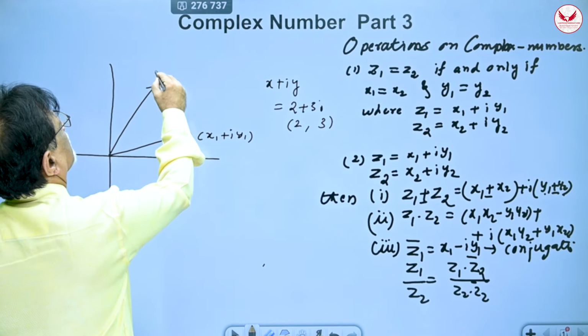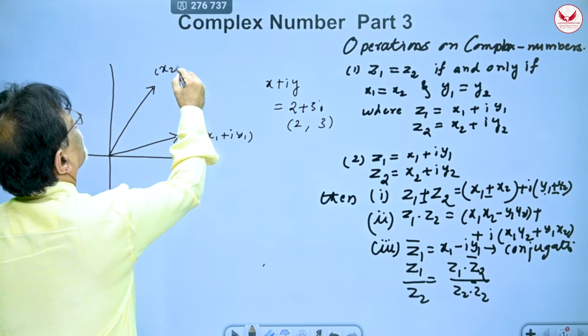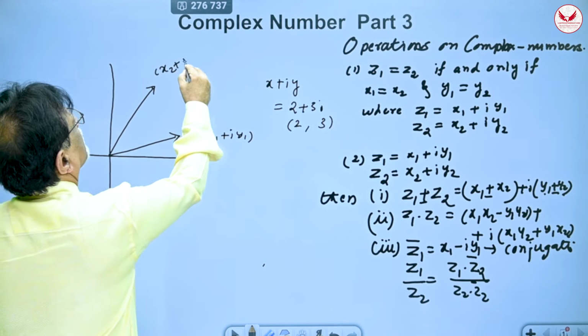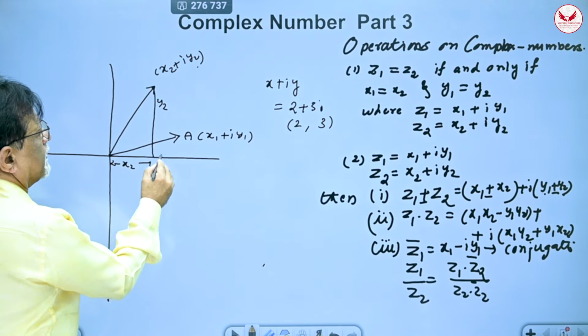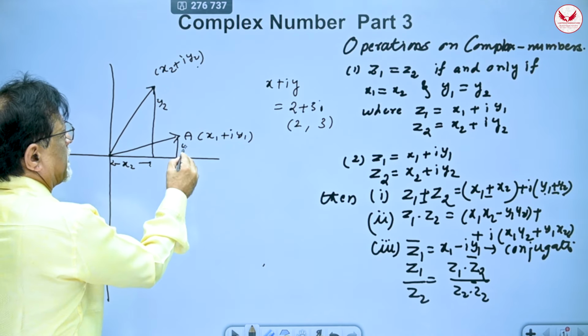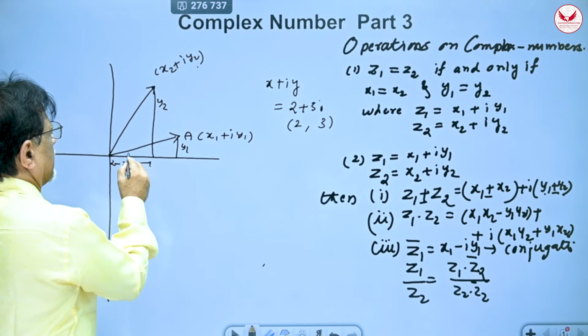And this complex number is x2 plus iy2, correct? Now that means this distance is y2 and this distance is x2, correct? This distance is y1 and this distance is x1, correct?